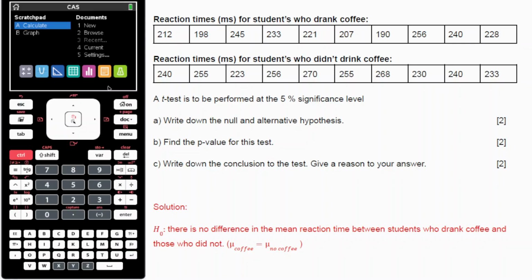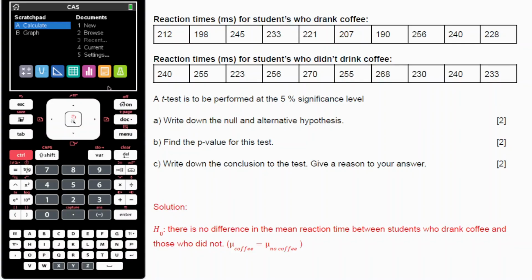You can also answer using this mu notation, but you couldn't use mu0 equals mu1 or something like that unless you explain in your answer what your notation means. But here, if I use mean value coffee equals mean value no coffee, this is an understandable notation. Of course, being safe is to write down the null hypothesis in words.